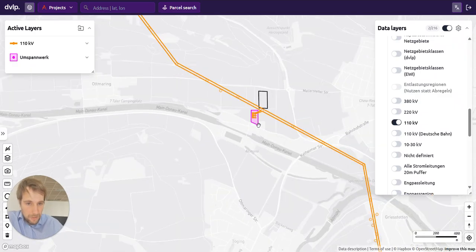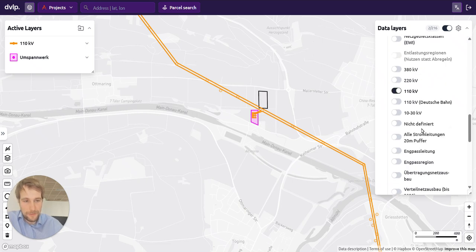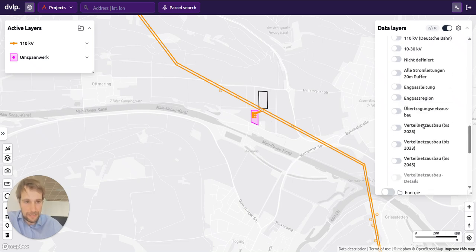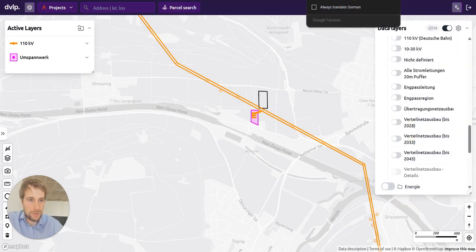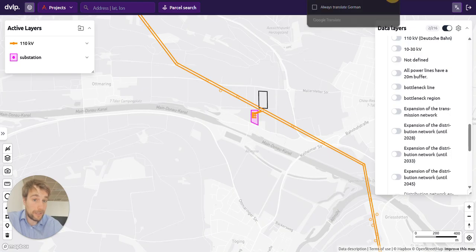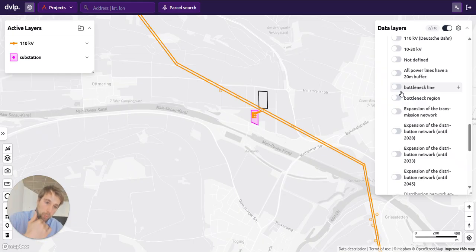Now, if we would like to understand the connection opportunities, we have different data layers available, let me switch that back to English, that point either towards connection opportunities or connection risks, and that are rather quantitative or also qualitative. I would like to elaborate a little bit along this range in this tutorial.